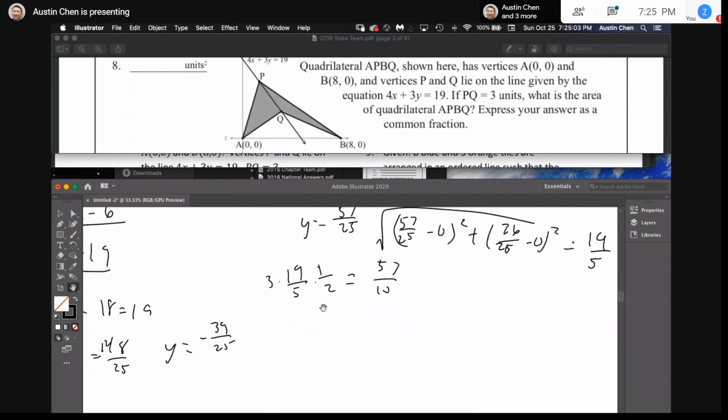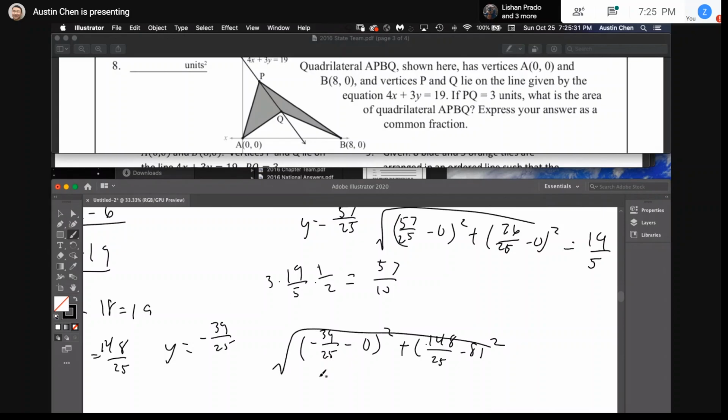So then, what's our height going to be? It's going to be negative 39 over 25 minus 0 squared plus 148 over 25 minus 8 squared. And you can flip these if you wanted to, but it doesn't matter because we're squaring it, right?